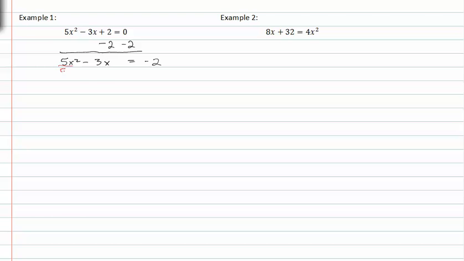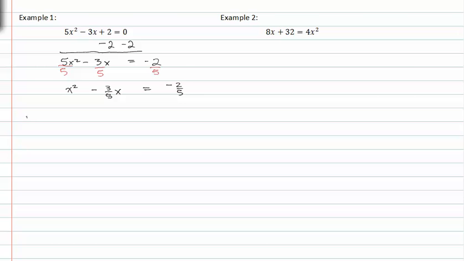Now we divide everything by the leading coefficient of the first term, and that gives us x squared minus 3/5 x equal to -2/5.